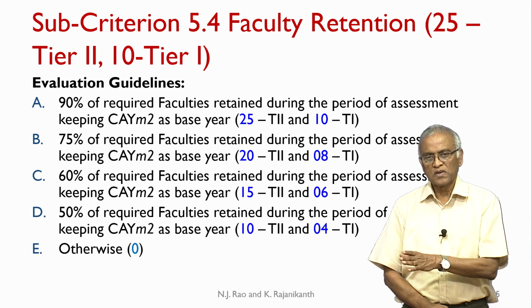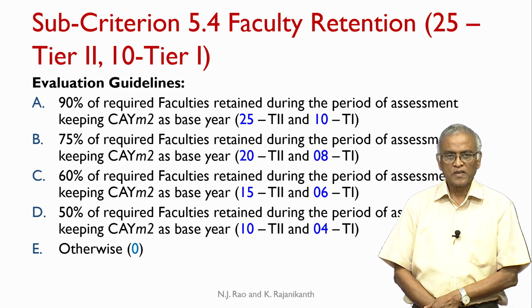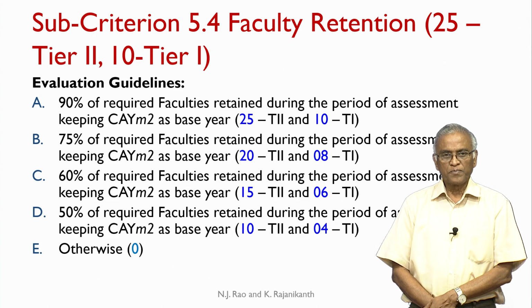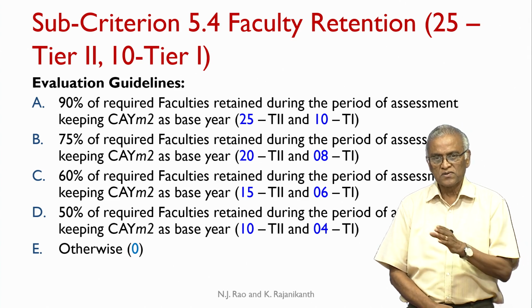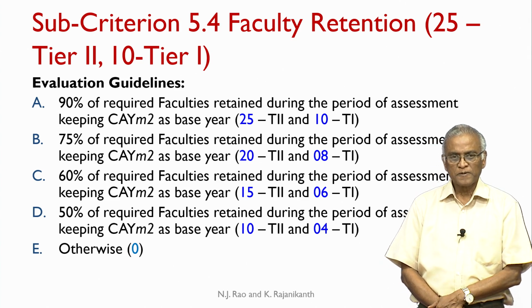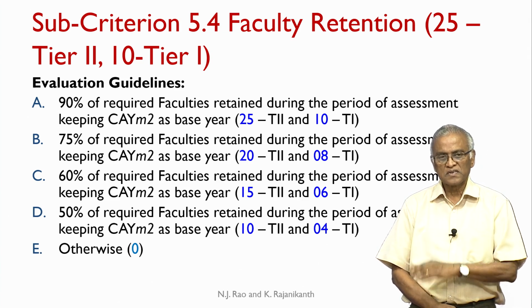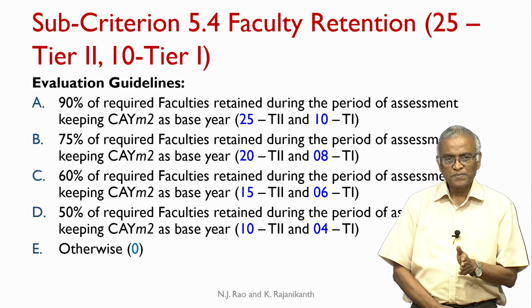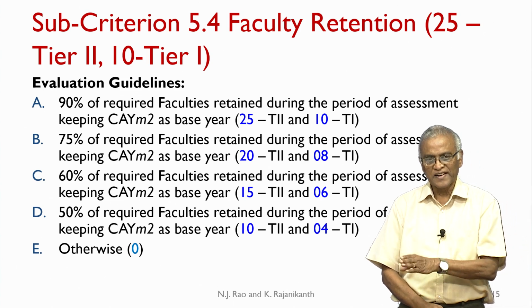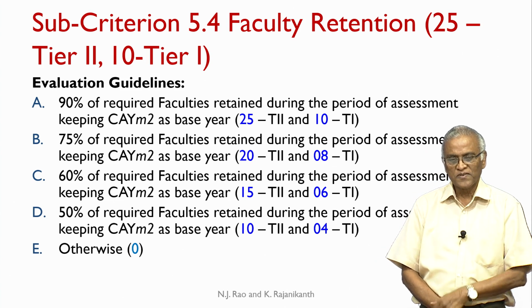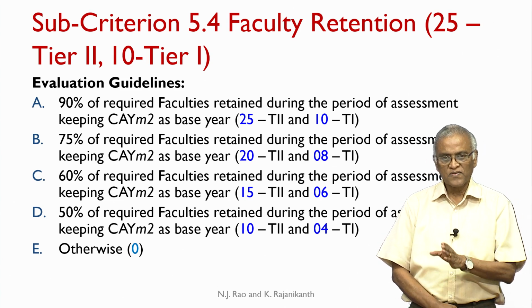In the case of a tier 1 institution, you get 10 marks. Similarly, if 75% of required faculty are retained during the period of assessment, you get 20 marks in tier 2, 8 marks in tier 1. And if 60% of required faculty are retained, then you get 15 marks for tier 2 and 6 marks for tier 1.